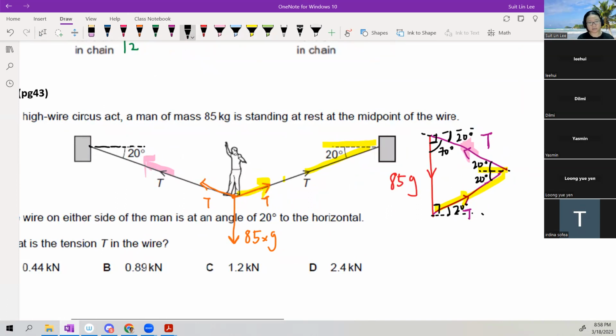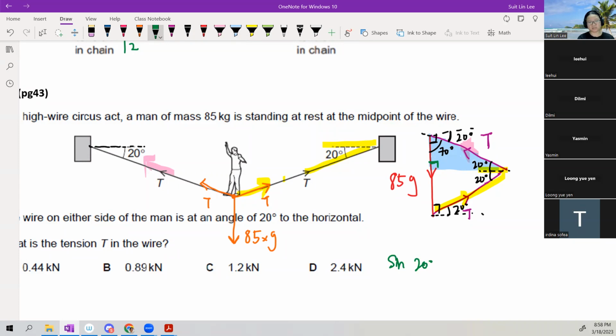So if you want to find T, you could easily just use half of the triangle. See this triangle here? So I just use this triangle. Because if I cut it in half, this is 90 degrees, right? So I could use maybe sine 20, right?